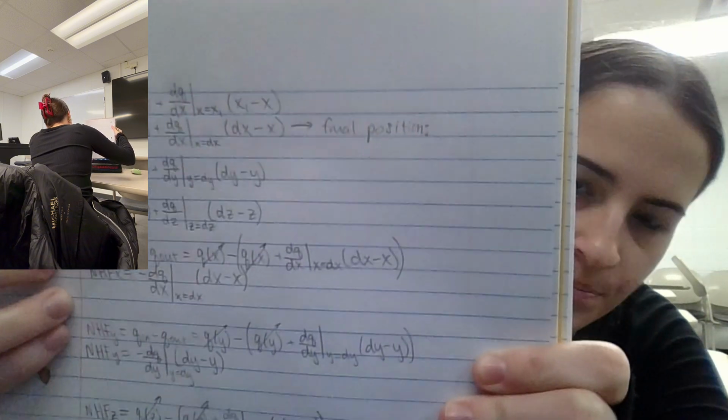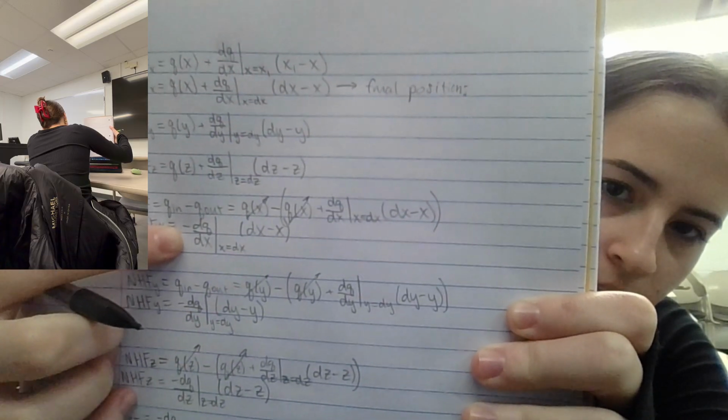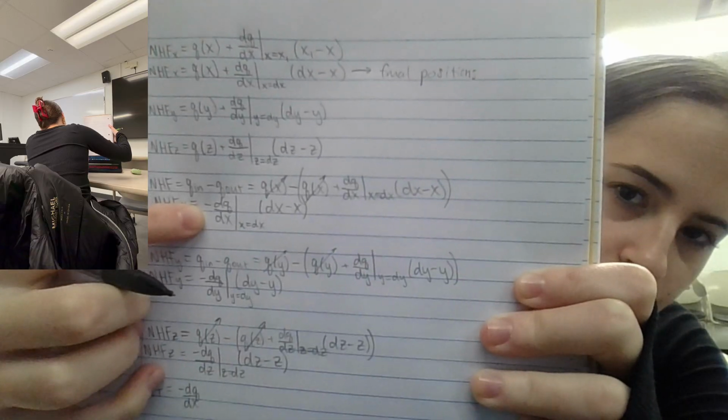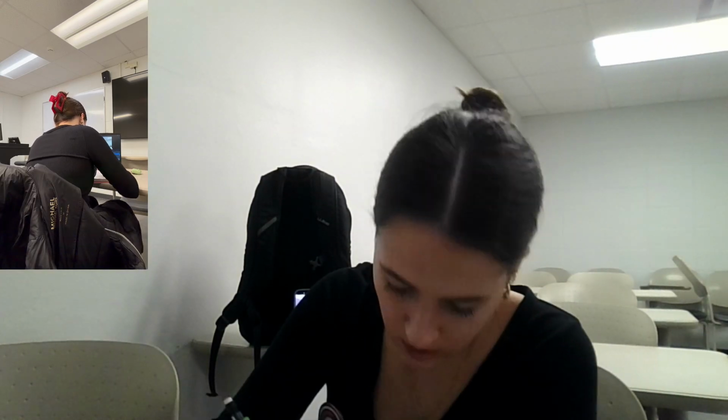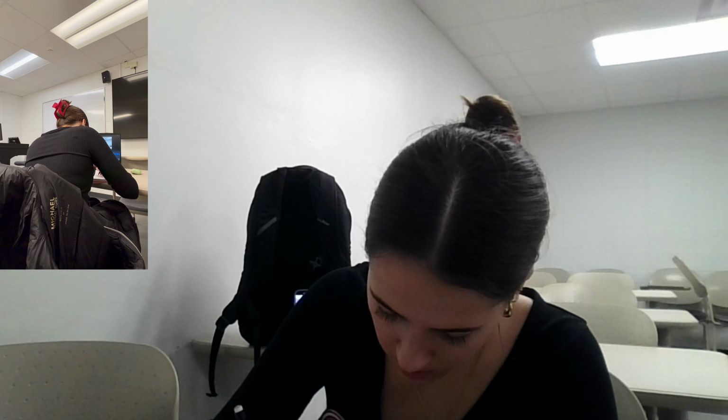So here we have this equation, negative dq dx, x equals dx, dx minus x. We can simplify this into evaluating the change in flux at the x position, as we've denoted at the top here, that x equals dx. So we're evaluating at the x position, and that's just going to be multiplied by dx now.